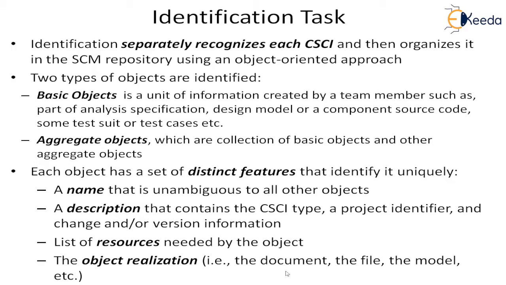This should not be repeated. The name should be unique and unambiguous. Then there has to be a description that will contain the type, what type of object it is, a project identifier, from which project it came, and its change number or version information.